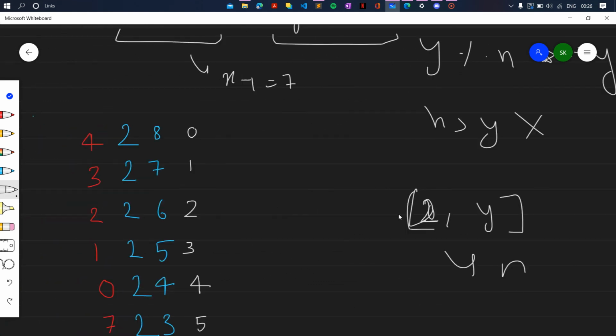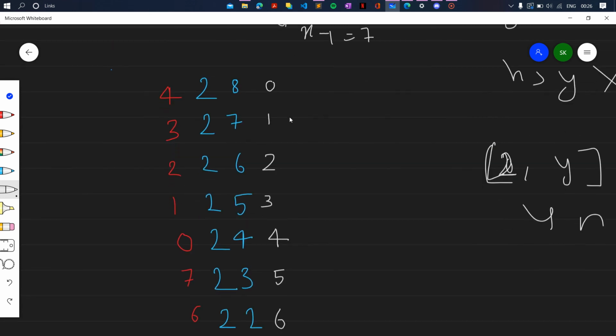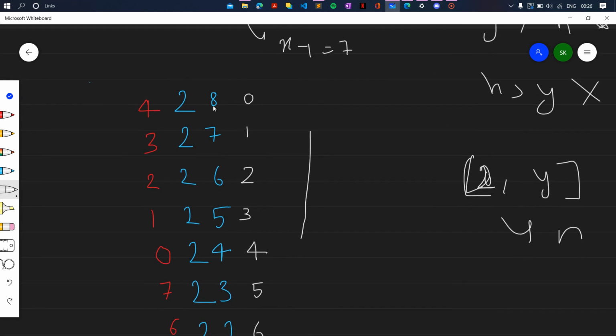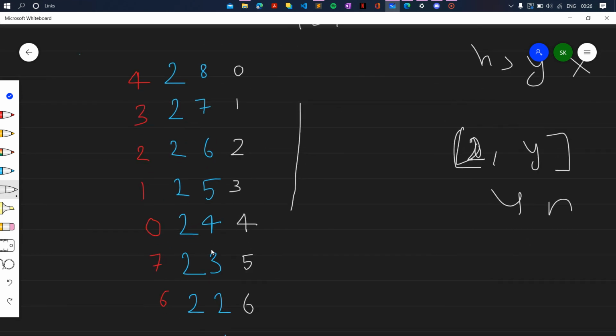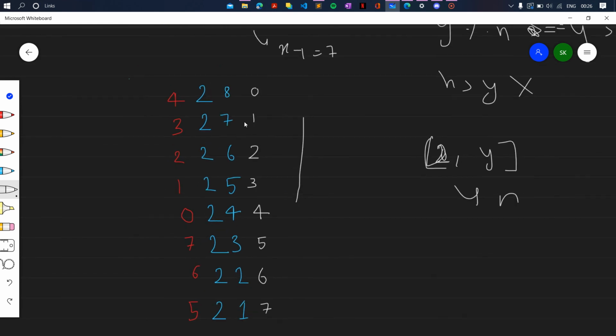So if we start with 28 and take x numbers, for x equal to 8: 28, 27, 26, 25, 24, 23, 22, 21. We know that the mods would be a set from 0 to 7. For 28 the mod would be 4, for 27 it would be 3, then 2, 1, 0, 7, 6, 5.